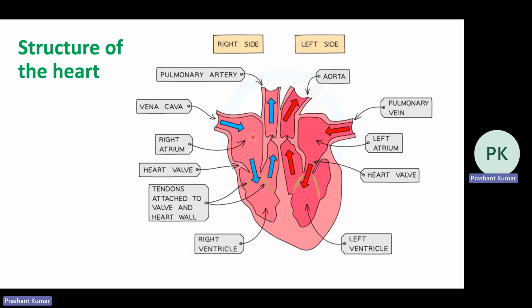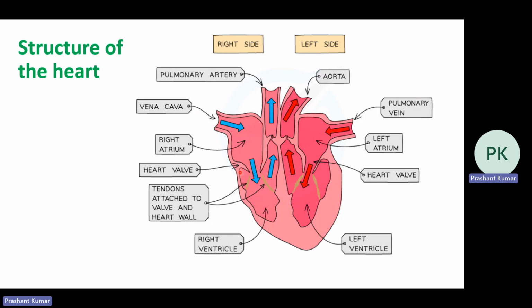This is the diagram. Here we have the vena cava. The vena cava is actually a vein which carries deoxygenated blood from the upper and lower parts of the body and goes into the right atrium. From the right atrium it goes to the right ventricle.